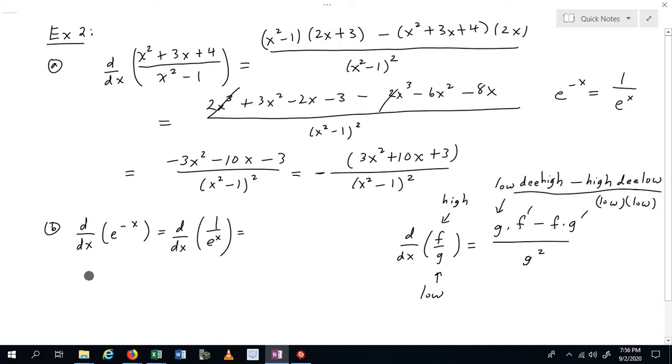So it's going to be low, e to the x, derivative of the high. Well, the derivative of a constant is 0, so that would be times 0, minus the high, that's the 1, and then the derivative of the low. Now remember, the derivative of e to the x is e to the x. So low, derivative of high, minus high, derivative of low, over low, low.